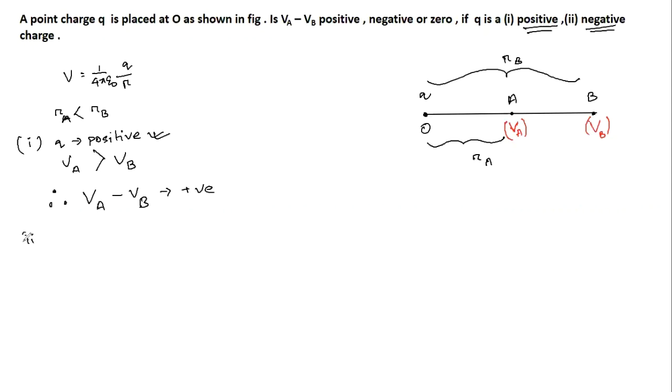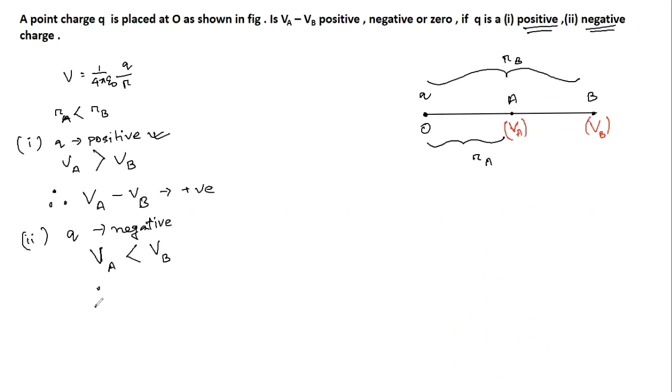Now, second case: if your charge is negative, this sign convention gets reversed. That means potential at A becomes less than potential at B, because of the changed sign of the charge. You have a reversed potential difference sign.